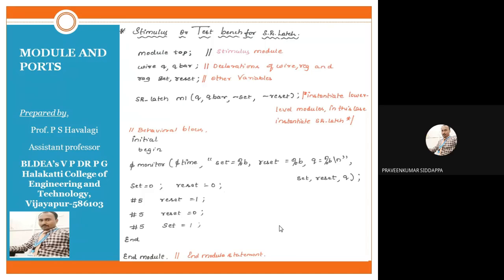I have written in your code the same word, set. That set input we are applying in terms of binary. Reset is also applied in terms of binary. So next we have written reset equals percentage b, for binary.